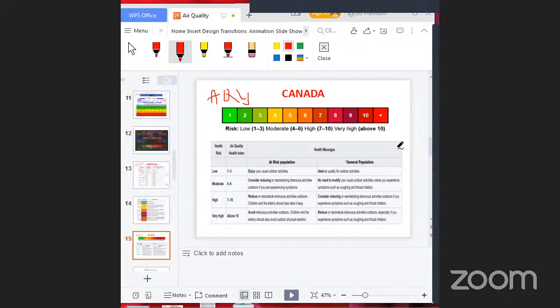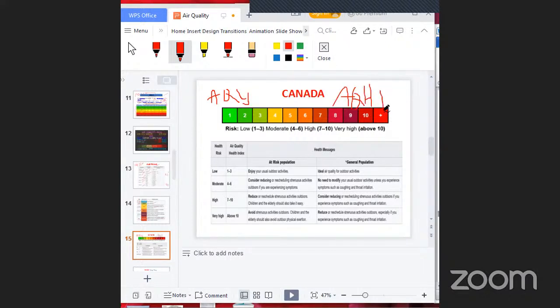So the air quality health index, AQHI, is a scale designed to help understand the impact of air quality on health.